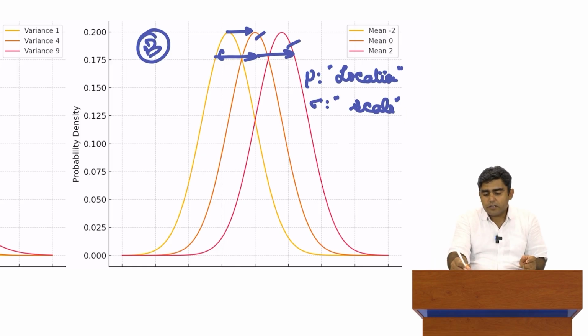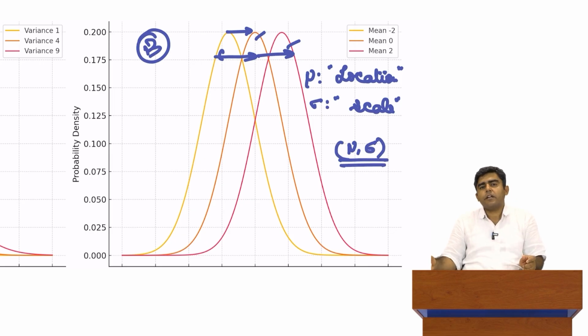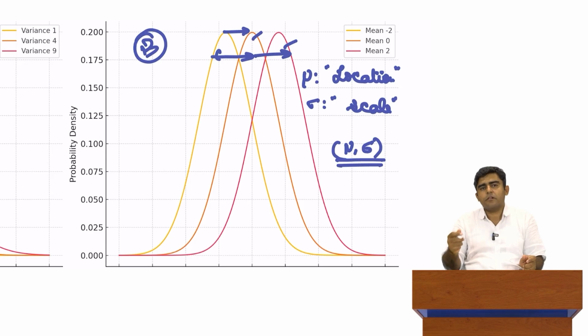Now, here I introduced another term called parameters. These mean and sigma are parameters of this particular distribution, and given data I can always estimate them from a sample.